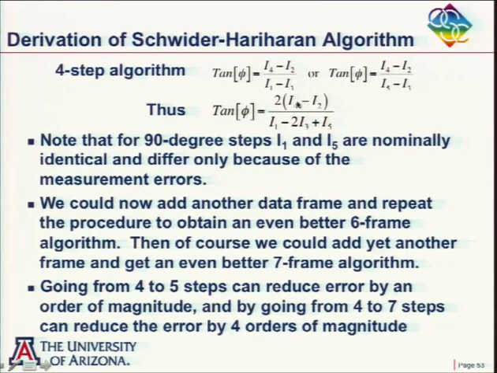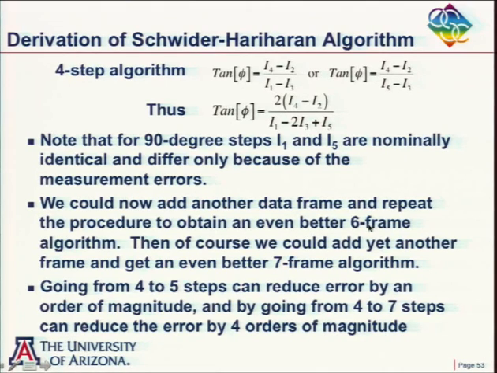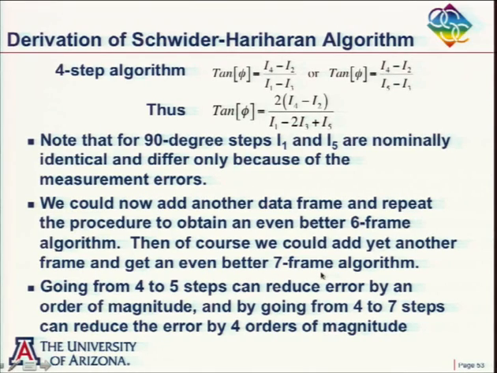Now, this is getting 5 steps. What I could do is start with this equation and take another step, an I6, and go through the same procedure again of adding numerators and denominators, and I could get an even better 6-frame algorithm. Then I could add another step, add numerators and denominators, and get an even better 7-frame algorithm, and I guess I could just keep going.